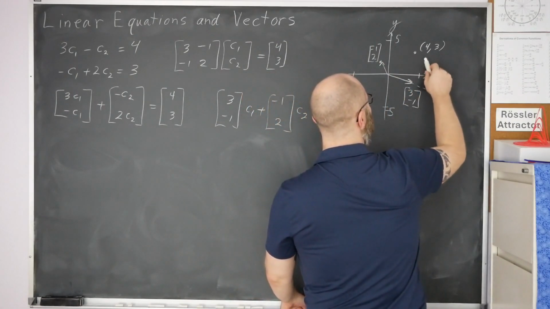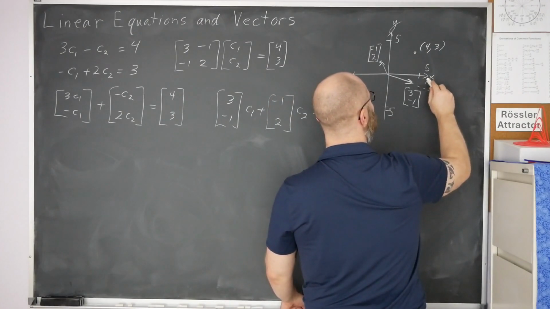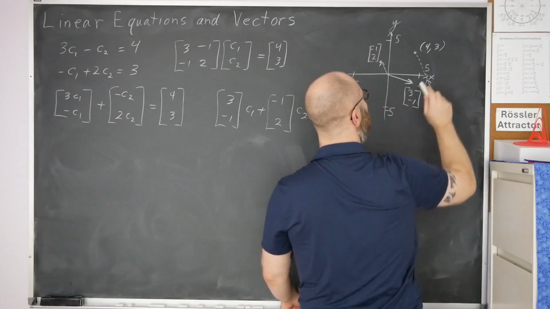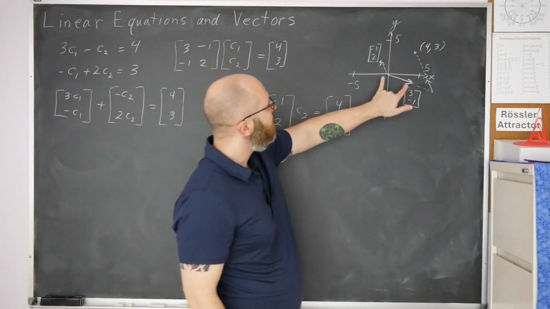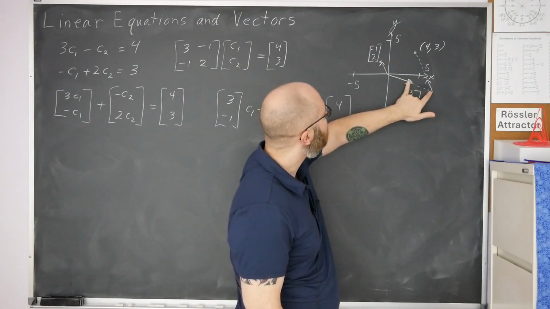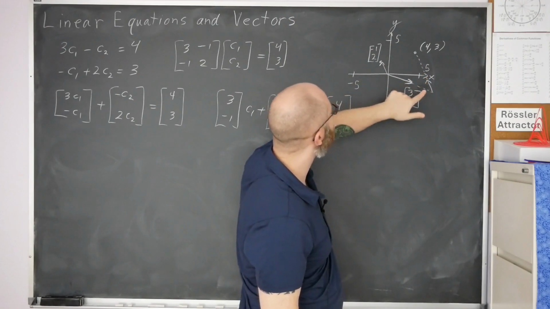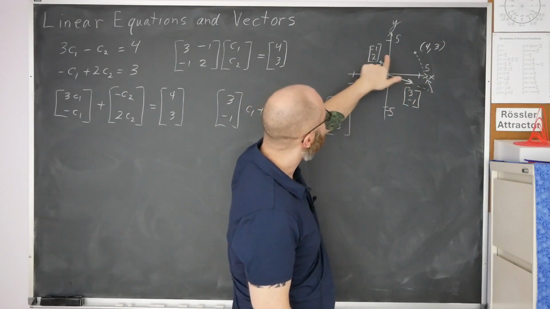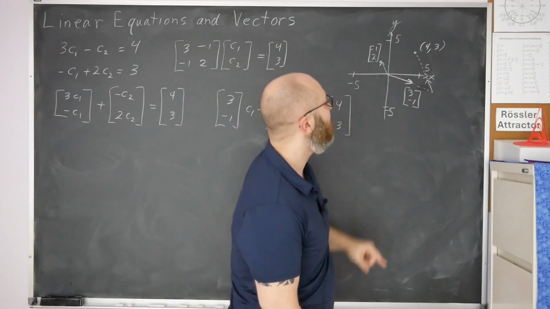And then I have to add a bunch of negative 1, 2 to get up there. So that kind of makes sense. So right, if I take approximately 2 times this vector, I'll get to here. Then I take approximately 1, 2, 3 times, I don't think that's the real answer, but approximately 3 times the second vector, negative 1, 2, add them together, I'll probably get to my solution.